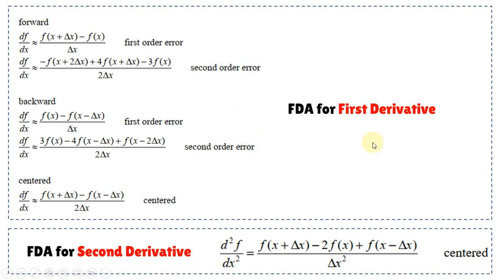The finite difference for the first derivative can be forward, backward, or center. For the second derivative, the approximation is center.